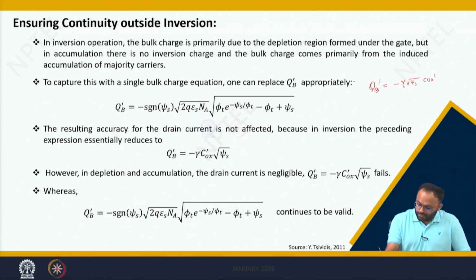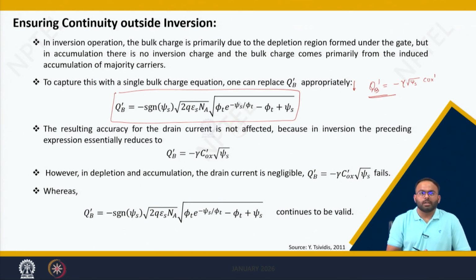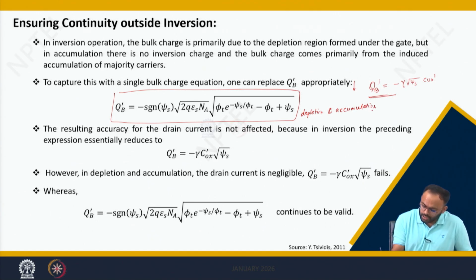Whereas, when you talk about the accumulation, the QB dash is not that simple. The equation for QB dash is this. When you are talking about the depletion and accumulation, again this expression came by simplifying which contribution is dominant in which region.